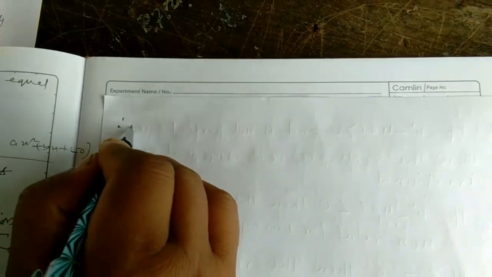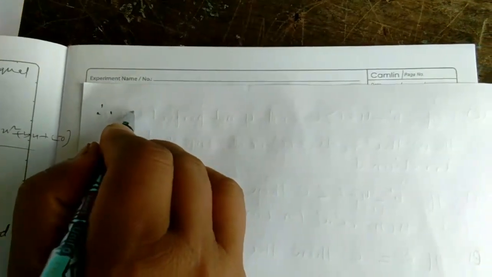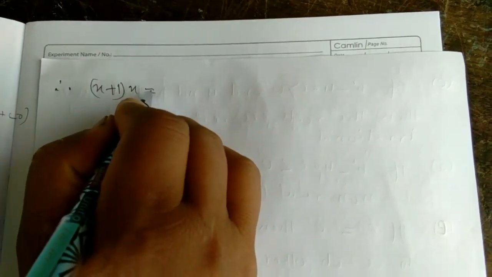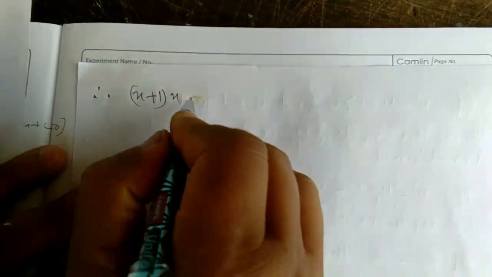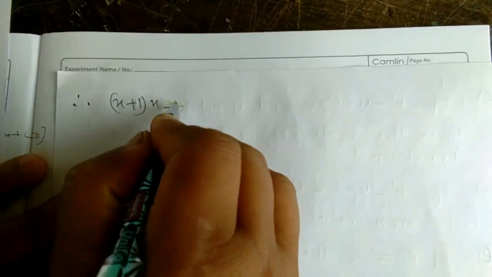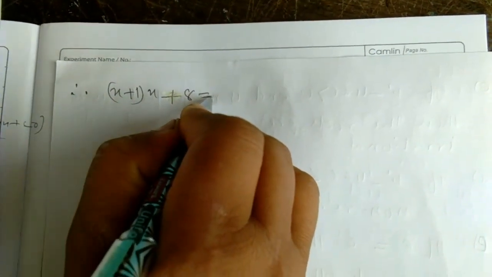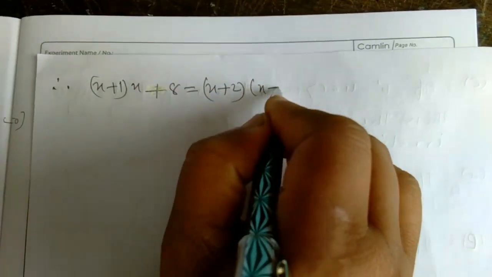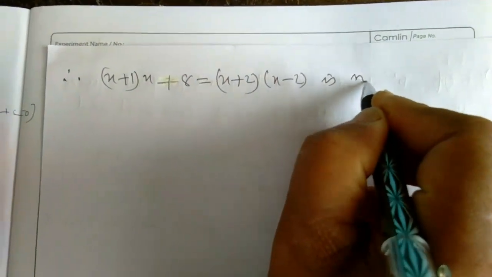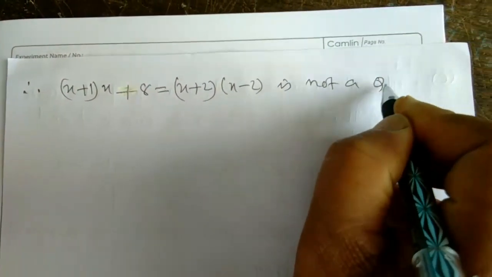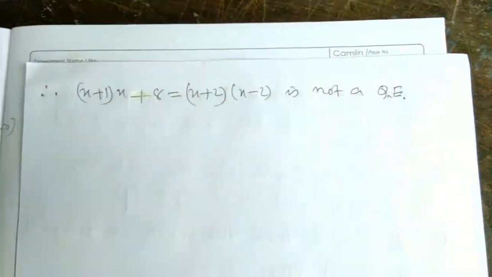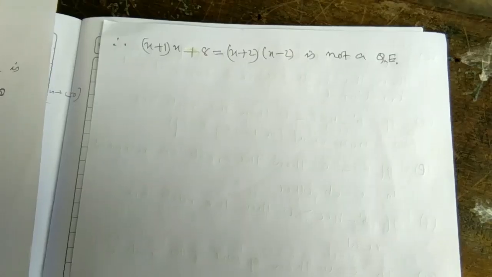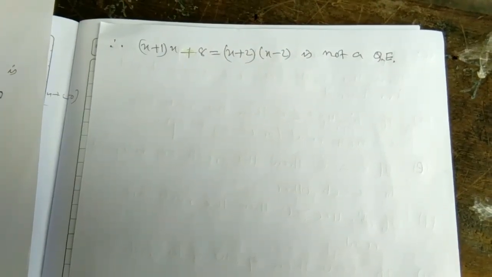Okay, therefore (x plus 1) into (x plus 8) equal to (x plus 2) into (x minus 2) is not a quadratic equation. QE means quadratic equation. I think you understood this one. I like this problem, I think you can solve it.